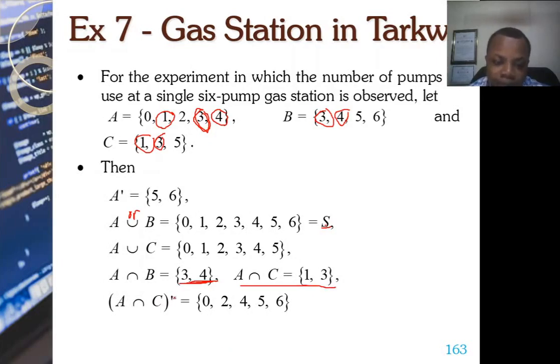Now this complement brings us back to which elements can be found in the sample space but not in this A intersection C. Looking at the sample space where we had 0 to 6, you could see that 0 is not here, 2 is not here, 4 is not here, 5 is not here, 6 is not here. So A intersection C complement is what we have here. These are elements that cannot be found in this A intersection C, but can be found in the sample space. So that is also that.